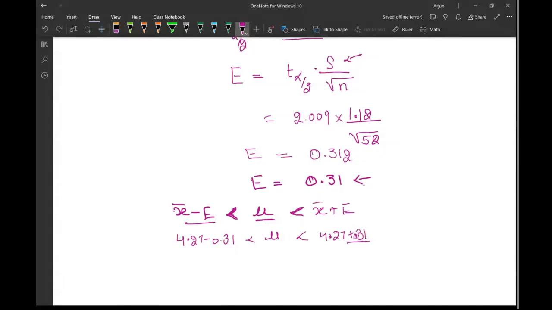So 4.27 plus 0.31, which is 4.58, and here 4.27 minus 0.31, which is 3.96.